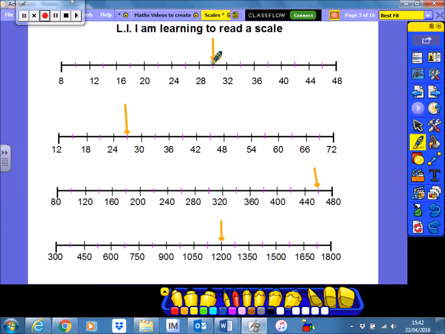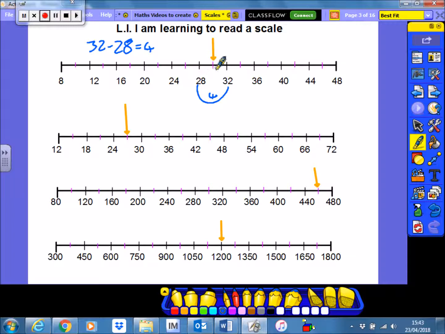Now we can do it a couple of different ways. I'm seeing here there's a 20 and 24 beside it, so the scale should be 4. The jump from here to here, and here to here, and here to here should be 4. The other way I could do it is I could start with 32 and take away 28, and again the answer will be 4. So I know that the major increments are going up in 4s.